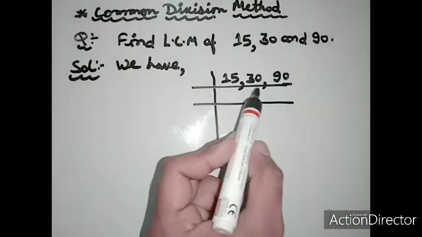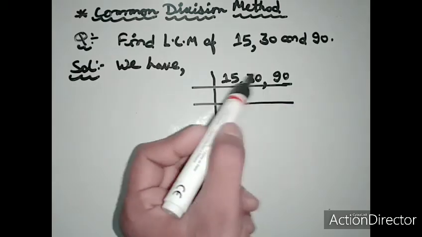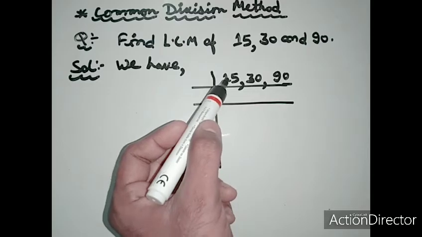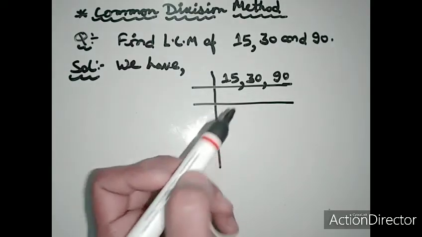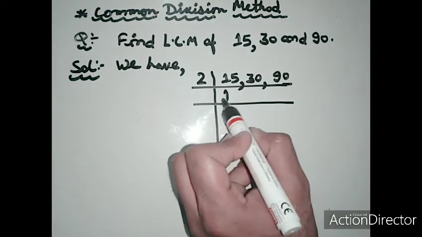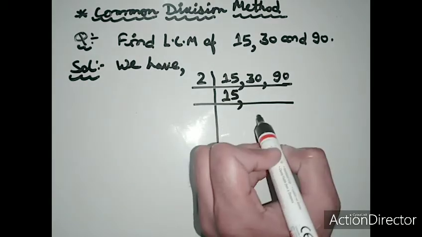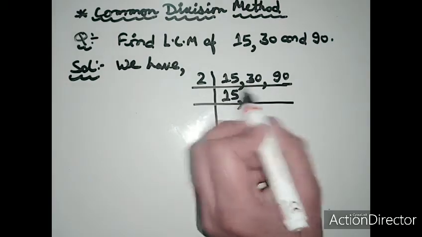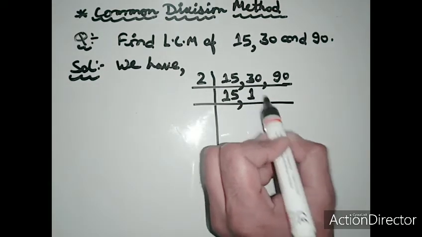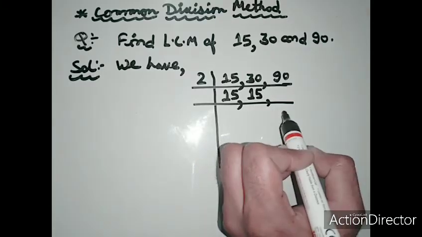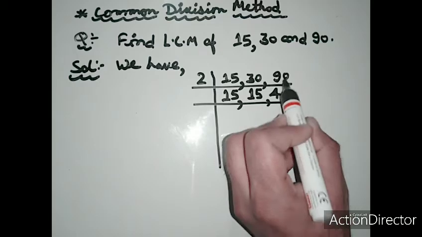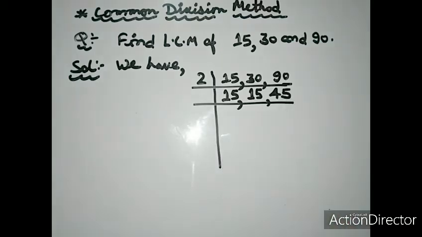If the number is divisible by 2, we divide it. If the number is not divisible by 2, we write it in the next line as it is. So 15 is not divisible by 2, so here we write 15 as it is. Now 30 is divisible by 2, yes. So 2 1s are 2 and 2 5s are 10. Now next, 2 4s are 8 and 2 5s are 10.